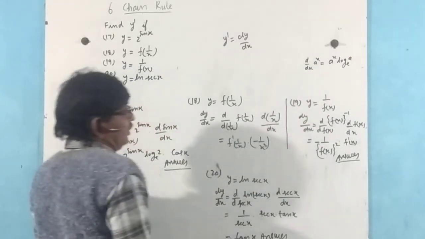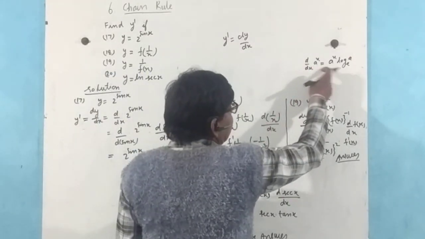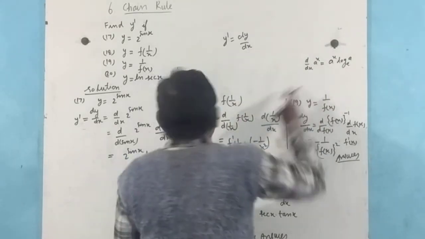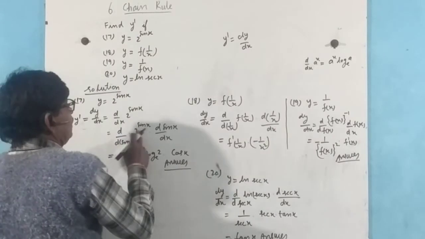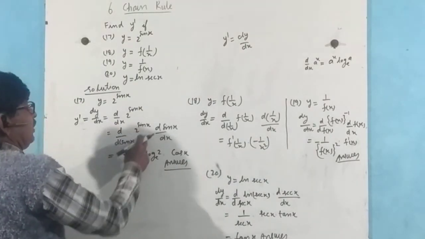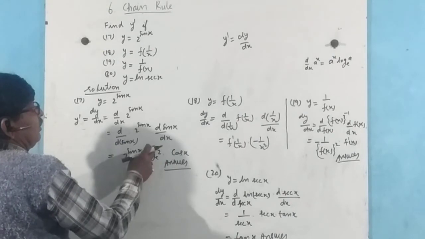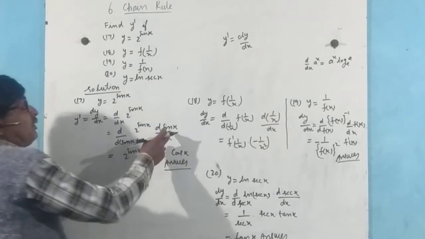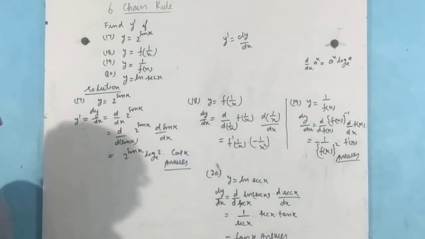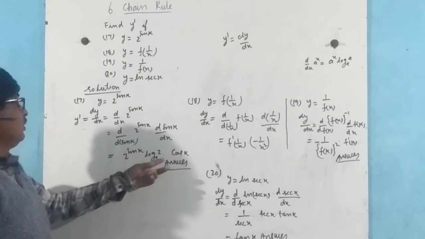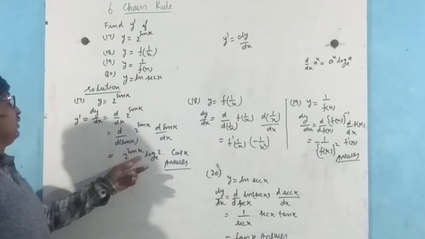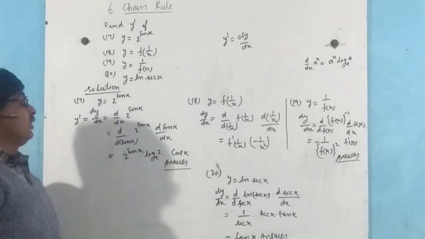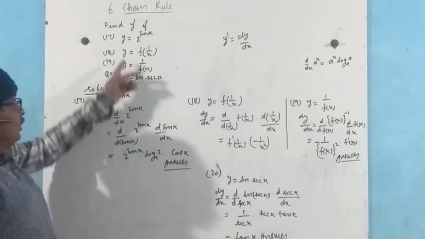In the similar way, 2 to the power sin x, and log 2 base e, and d by dx sin x equal to cos x. So this is 2 to the power sin x into log 2 base e into cos x. This is our answer.